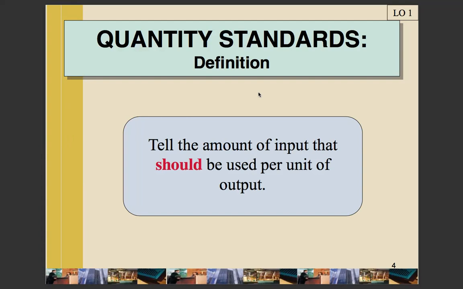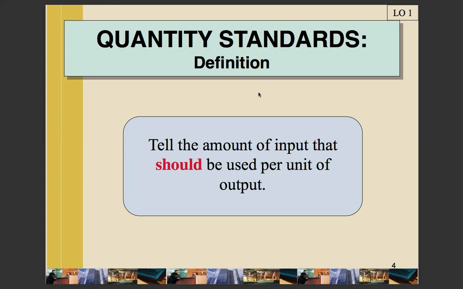When we want to do cost control, the company has to know how the profit that we get now compares with the previous one. You can see on the book there's an illustration on the first one.